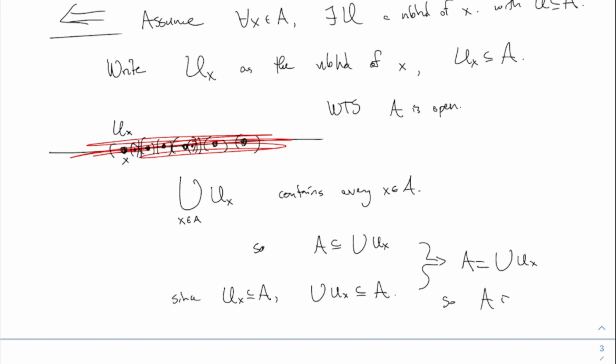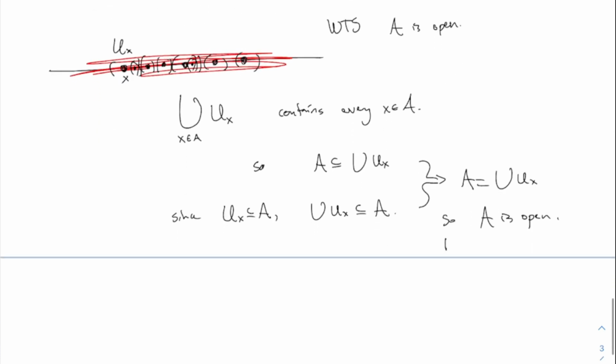And so A is open by the union property of a topological space, because the U_x's are open, so their union, which is A, is also open. The end.